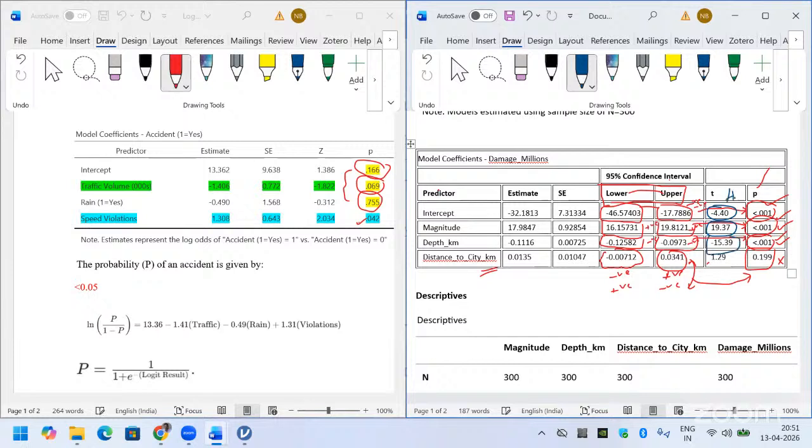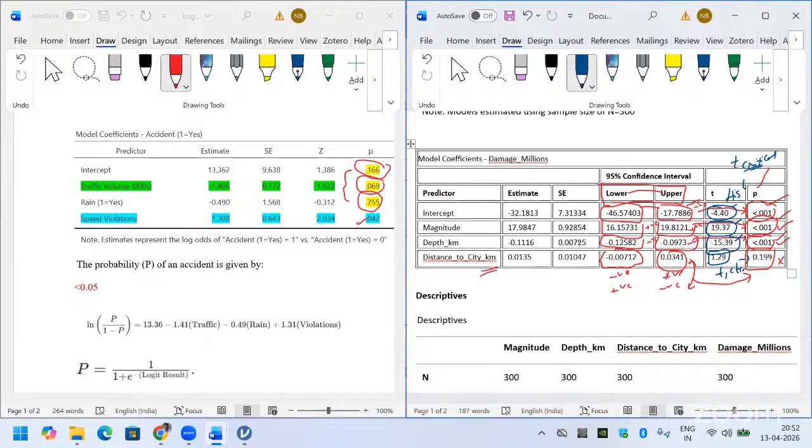These three are very high when compared to t critical. The t table value is going to be very low, and these three are high. Because of that, we have rejected the null hypothesis, and here it is not so high. It is 1.29. So the t statistic is less than your t critical in this case. Because of that, it is not a significant value.